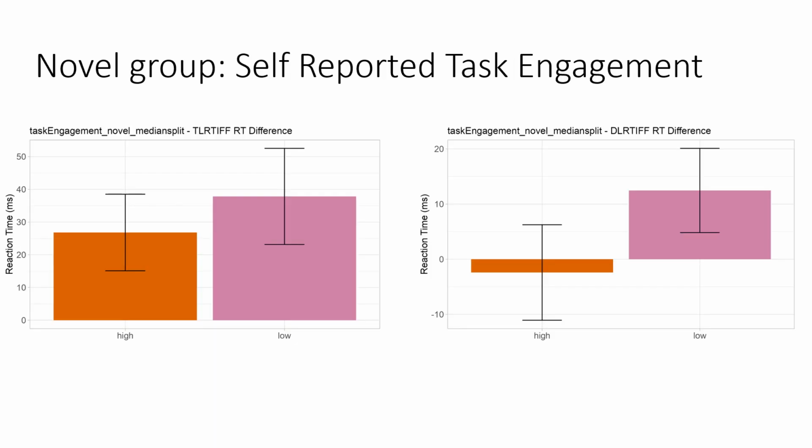Now we need to discuss some downsides of the study. One particular question that remains is that such a trend does not exist in the data analysis of the novel group. The novel group shows no distractor learning when engagement is high, but does show target learning when engagement is high. So the effect is kind of reversed, but there's no working hypothesis on this.